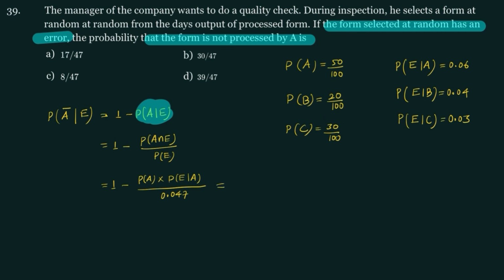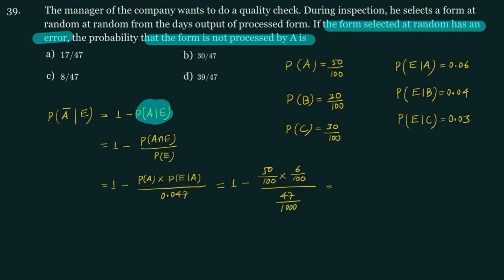So this will be equal to 1 minus probability of A is 50 over 100 into probability of E by A is 0.06, that is 6 by 100, whole divided by 0.047. Let us write 47 by 1000.